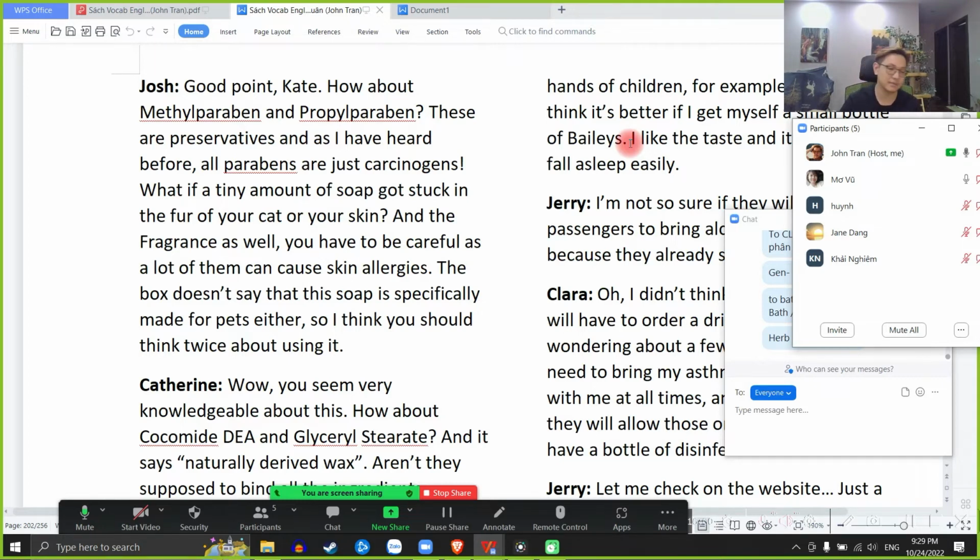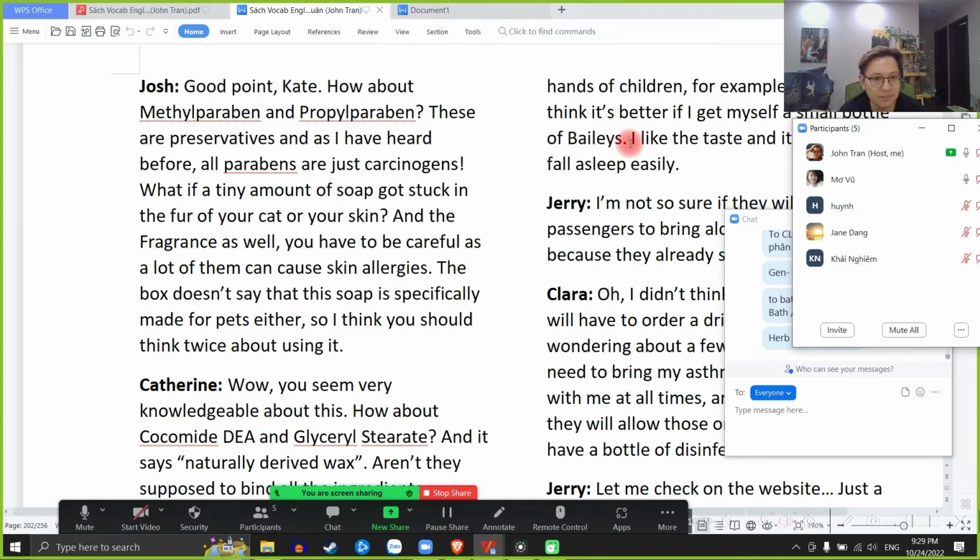And the fragrance as well. You have to be careful, as a lot of them can cause skin allergies.